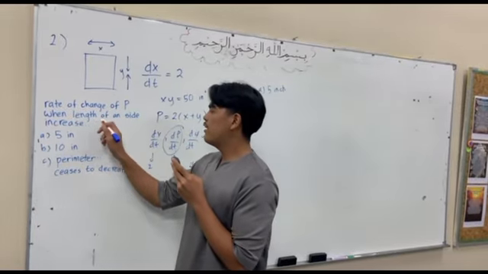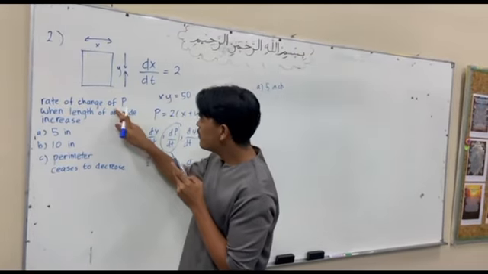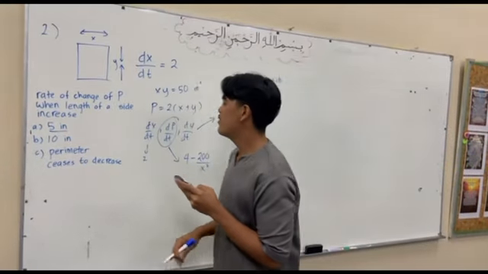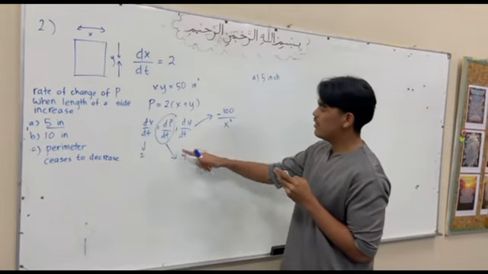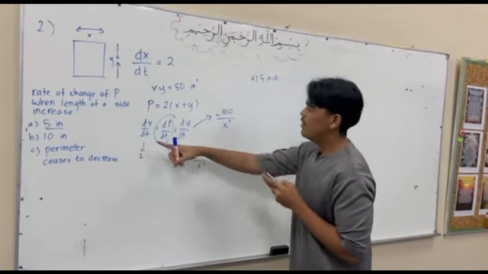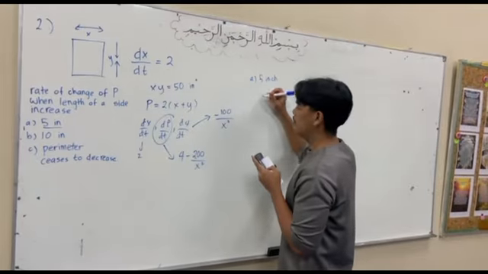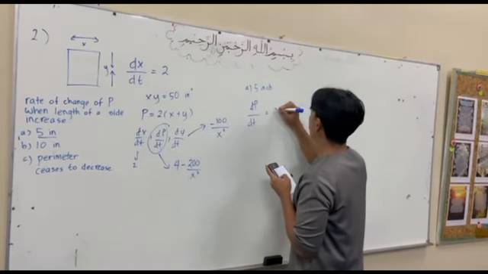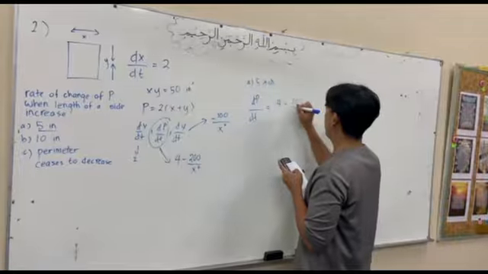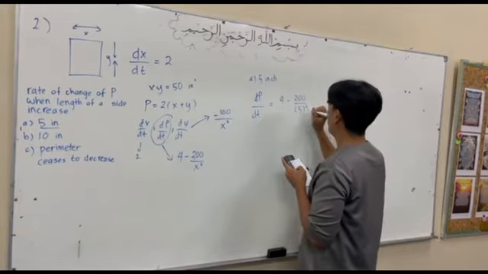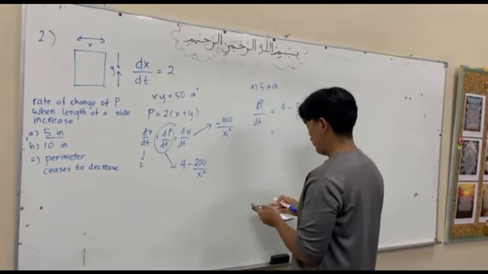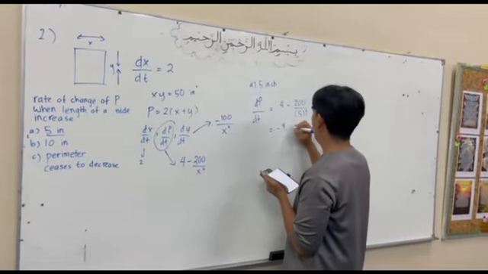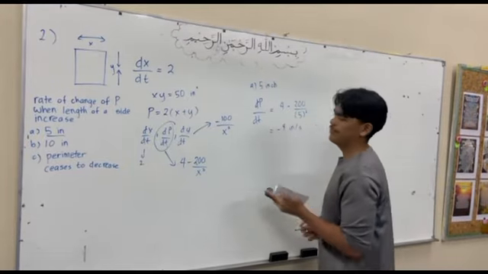When the length of a side increases to 5 inches, we just insert the 5 in the dP/dt equation. Then we got negative 4 inches per second.